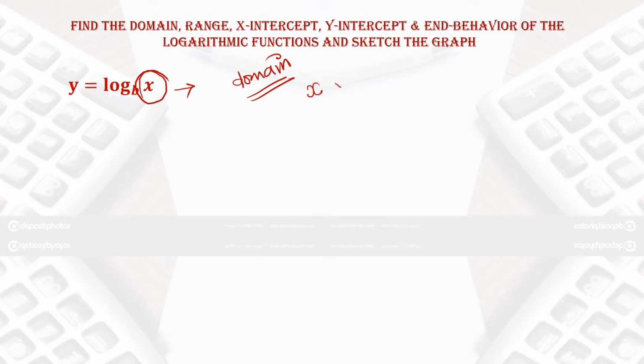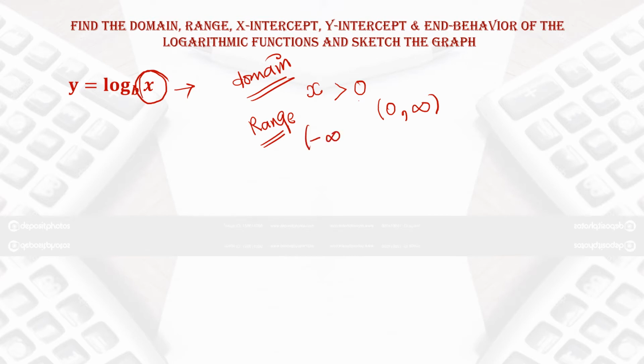Make it always greater than 0. So to write the domain of any logarithmic function, you have to follow the rule of greater than 0. Here 0 is not included, so you can write the domain as 0 to infinity. And the range stays the same, no changes, that is all real numbers.